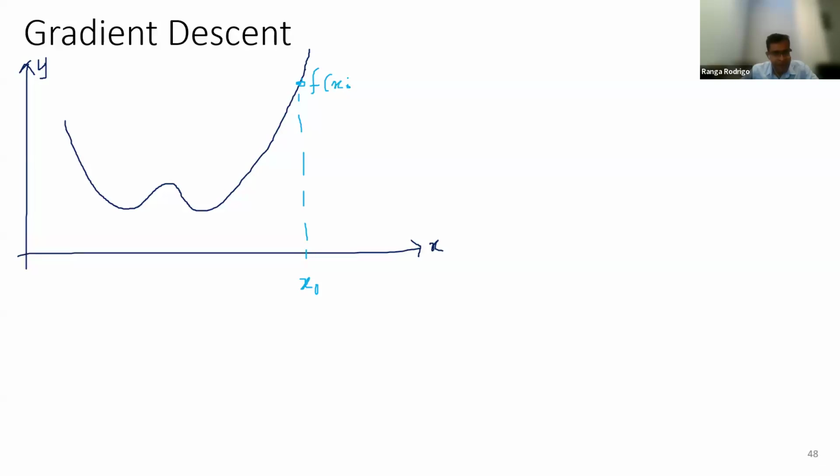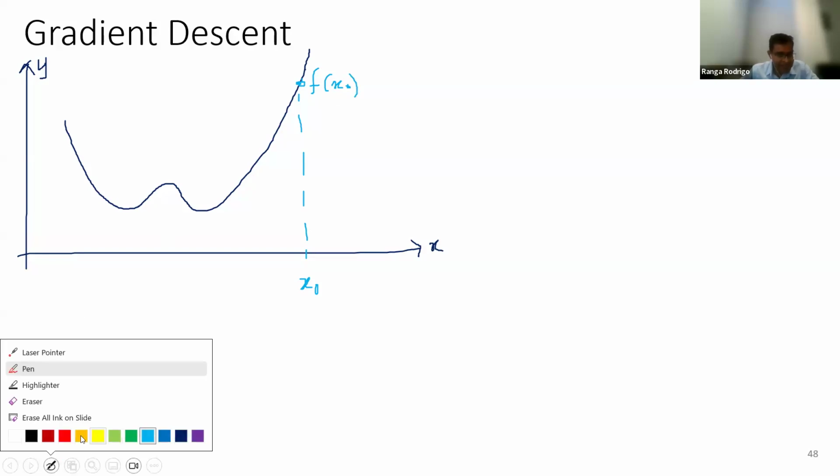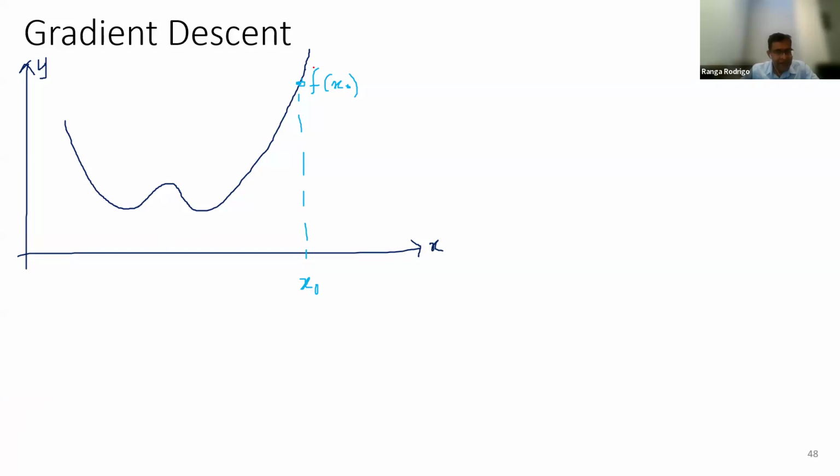Now, if you consider the slope of this function at that point, to compute that, we have to draw a tangent to that, right? And this angle that it makes with the x-axis is the slope of that. So we can consider the tangent of this angle, right? That is, tan theta is the slope, if you remember.